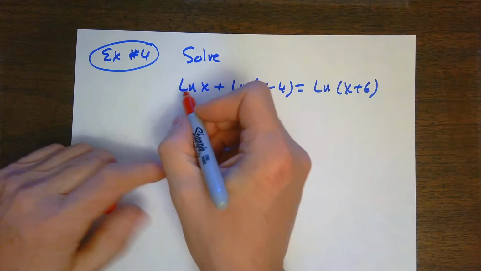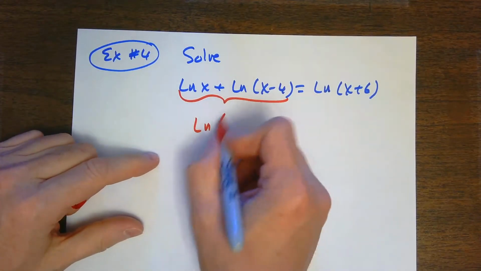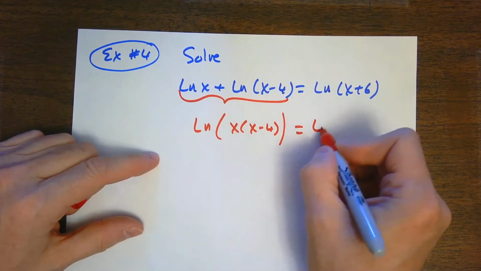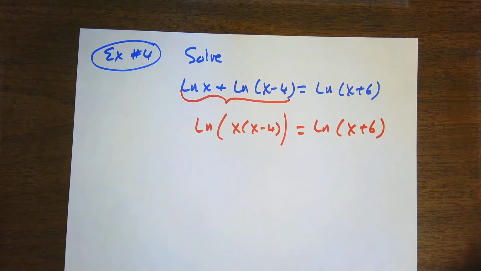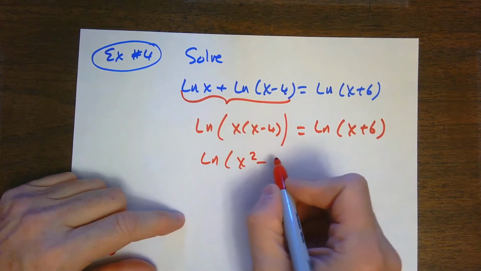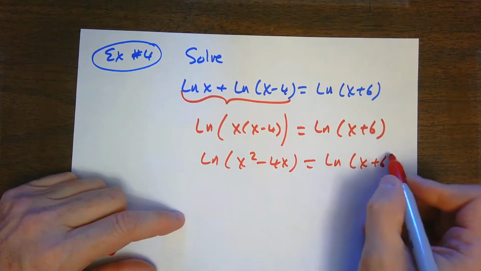It occurs to me that I can combine these two using properties of the logarithm, and I get the natural log of x times (x minus 4) equals the natural log of (x plus 6). And then if I simplify this out here, I get the natural log of x squared minus 4x equals the natural log of (x plus 6).